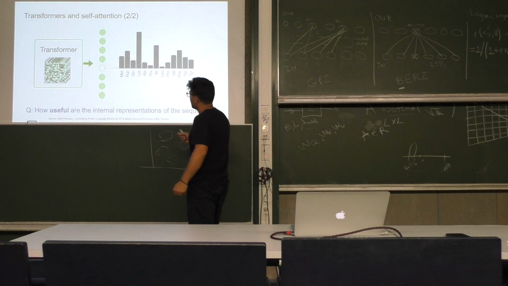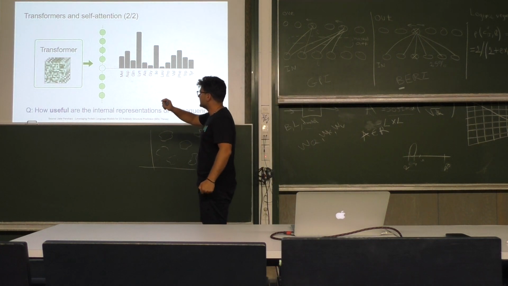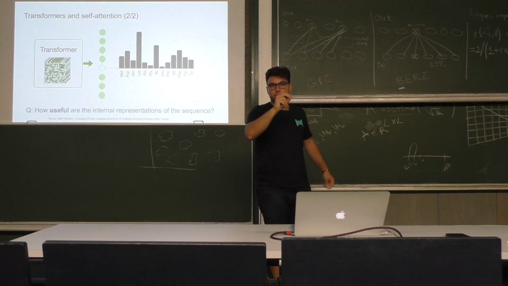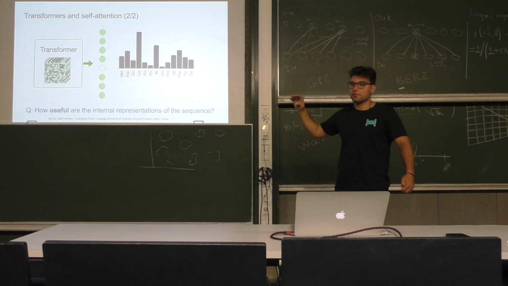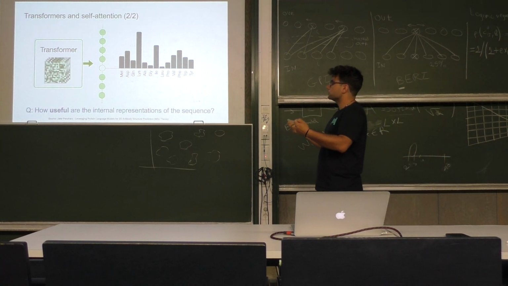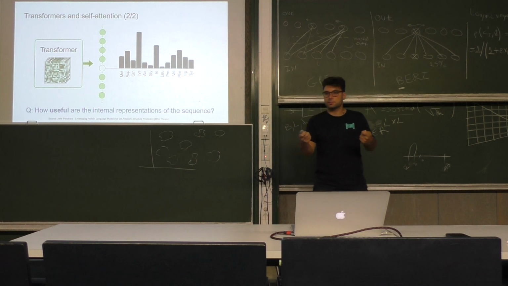Each attention map already gives us a probability distribution of how this specific token attends to all the other tokens in the sequence. The question is, how useful are these attention maps?